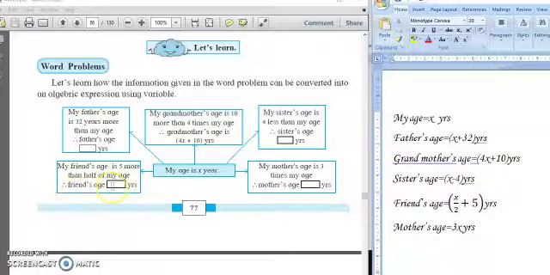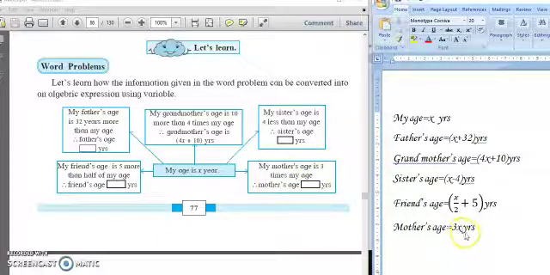So therefore friend's age is, write down here in this bracket box, x upon 2 plus 5. Okay, now last one. My mother's age is 3 times my age. Times means, here also we have done 4 times that is 4x. So 3 times means 3x. So my mother's age is 3 times my age.